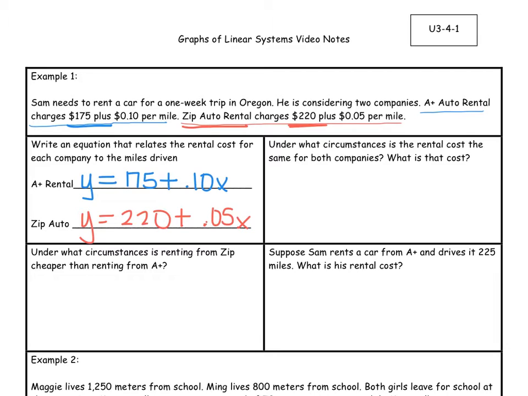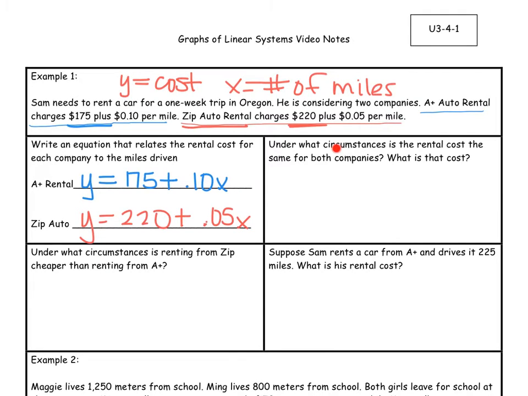A Plus Auto Rental is y equals 175 plus 0.10x, and y equals 220 plus 0.5x. And we're going to let y equal the cost, and x is going to equal the number of miles that Sam drives, which we should have done first.